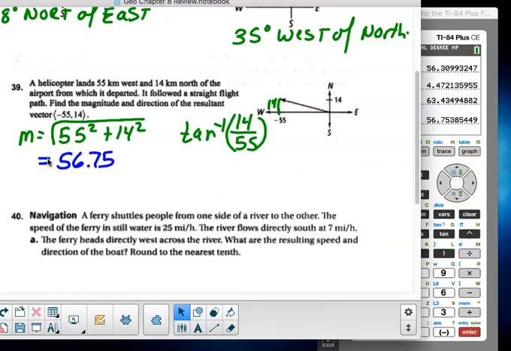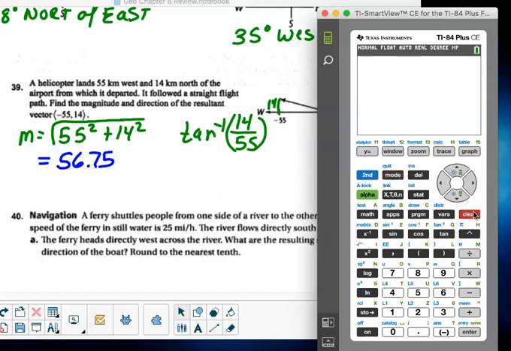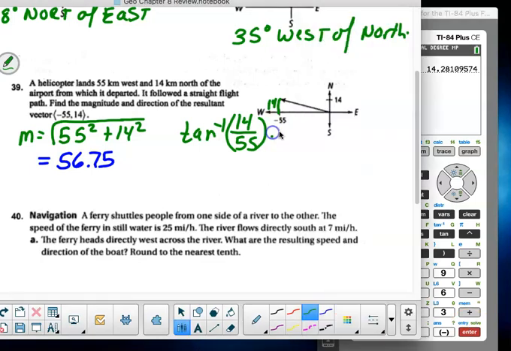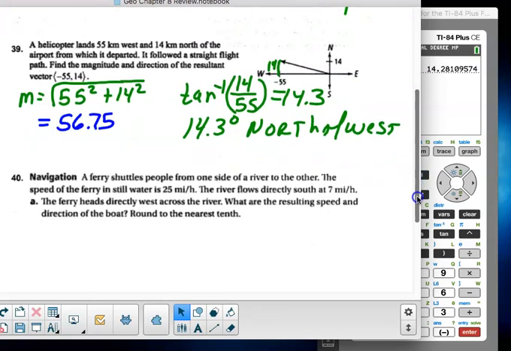And then I've got my inverse tangent, second inverse tangent, and I am looking at second quit, clear that, and I got my second inverse tangent of 14 divided by 55 because I want an angle, and I got 14.28. So this is 14.28. We'll say 14.3. So 14.3 degrees north of west.